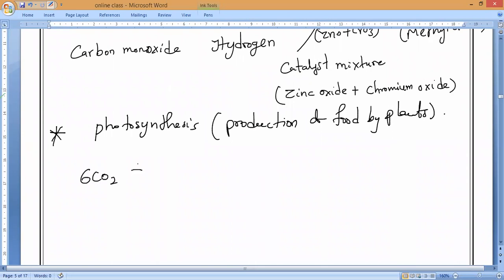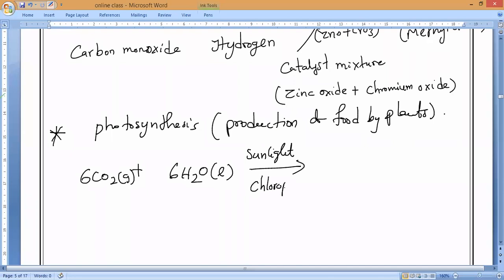6CO2 plus 6H2O, which is liquid, and CO2 is gaseous, with sunlight will give C6H12O6, which is in aqueous state, plus 6O2, which is gaseous.